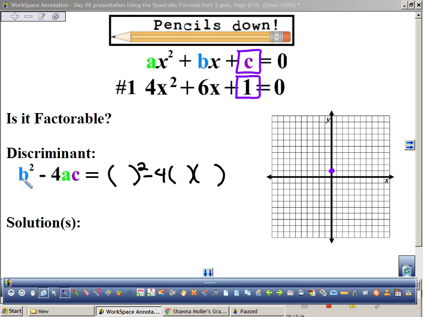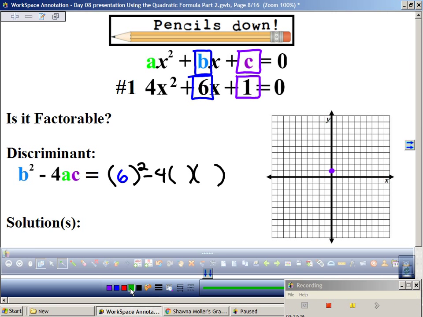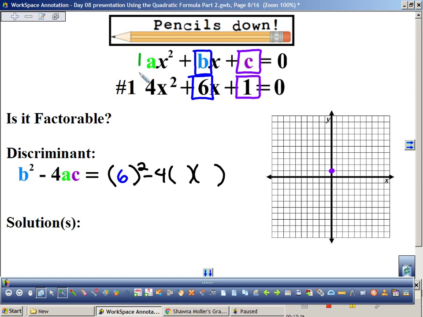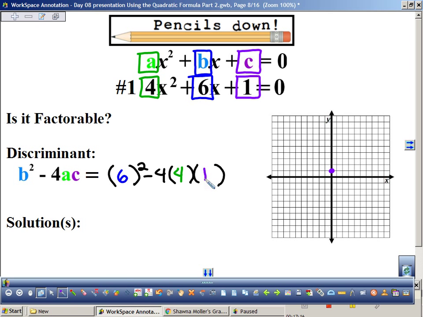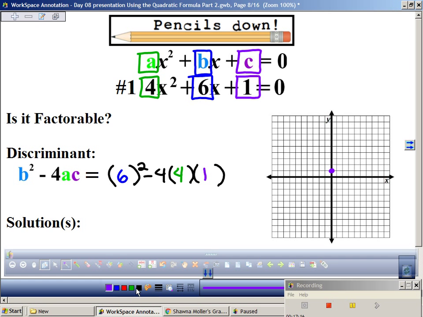So my b is right here, 6, and my a is right here, which is 4, and my c, I already looked at, is 1.